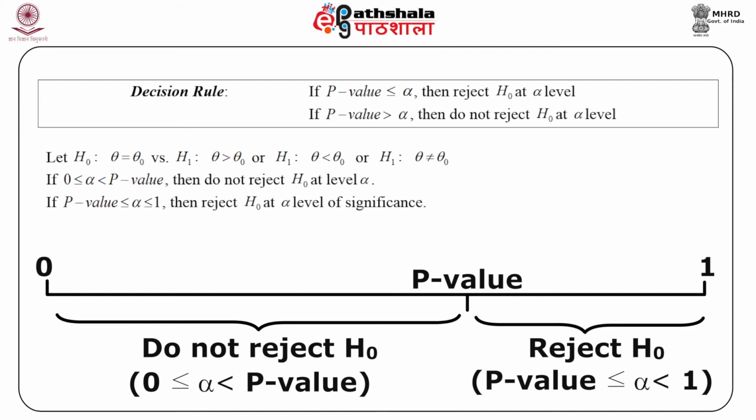If alpha is between 0 and the p-value, then we do not reject the hypothesis at level alpha. If alpha is between the p-value and 1, then reject the null hypothesis H0 at alpha level of significance. So you can see we have written this range between 0 and 1 and we have the p-value. If we are between p and 1, we reject the null hypothesis. If we are between 0 and the p-value, we do not reject the null hypothesis. So figure 5 is our decision rule in the p-value approach to hypothesis testing.